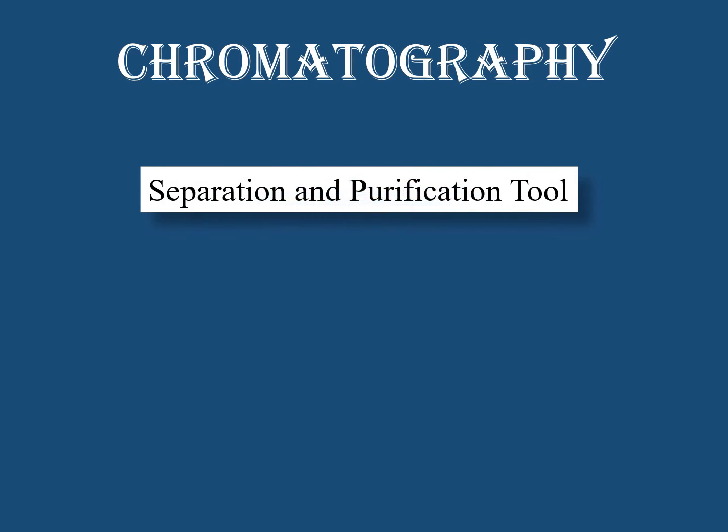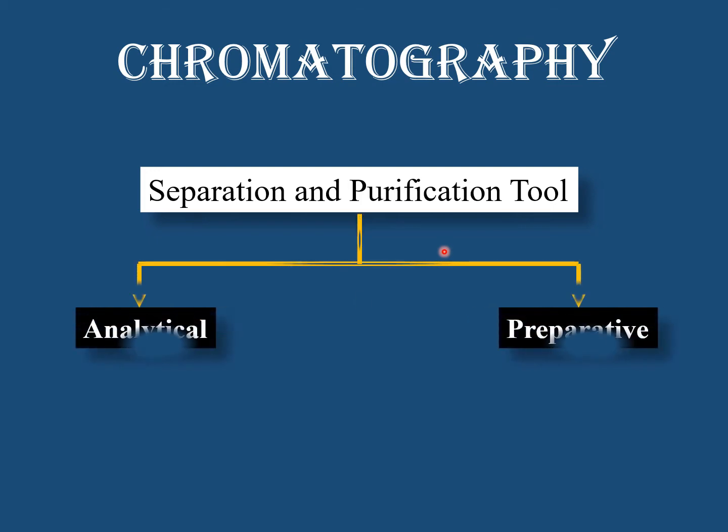So as I told you earlier, chromatography is basically a separation and purification tool. And based on this definition, we can classify chromatography into two types. One is known as the analytical chromatography or analytical chromatographic technique, or chromatography can also be preparative.